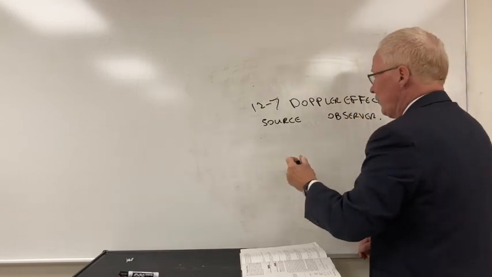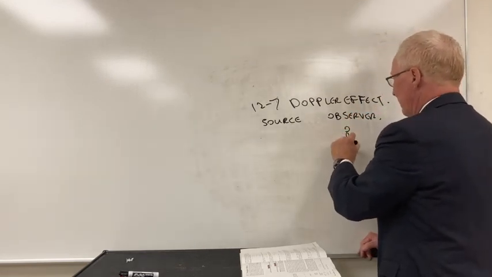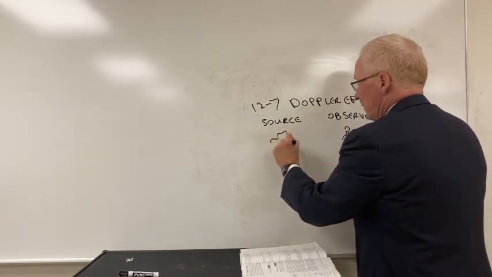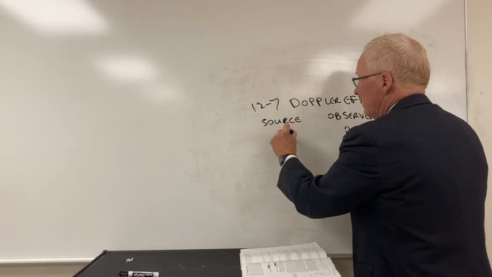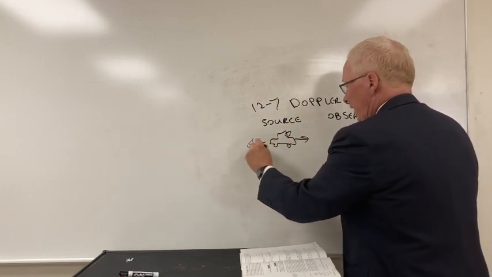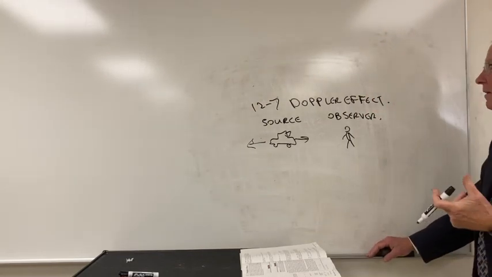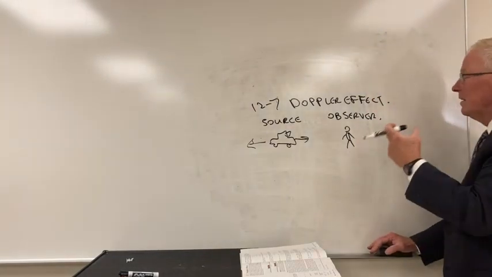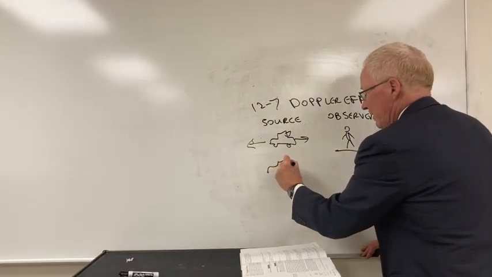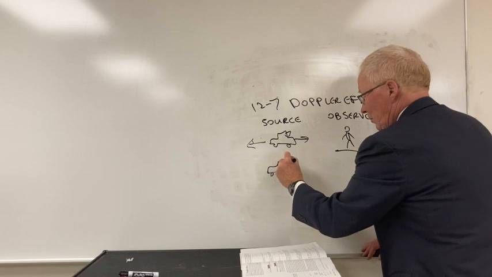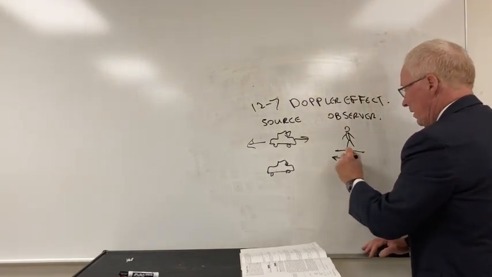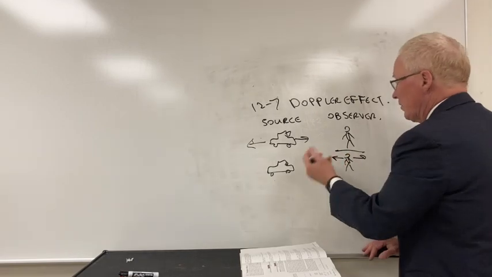All right, and the first case we have might be a siren either coming towards you or moving away. Or in the second case, the source is stationary and the observer is either moving towards or away from the source.